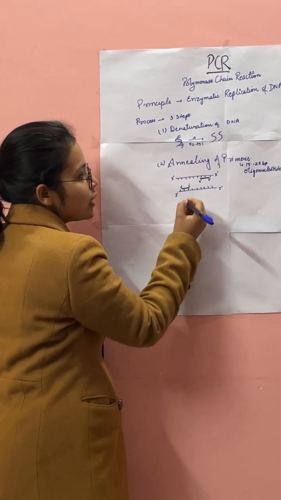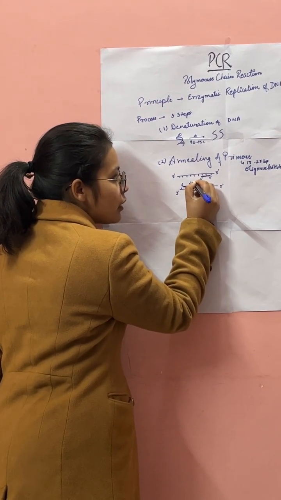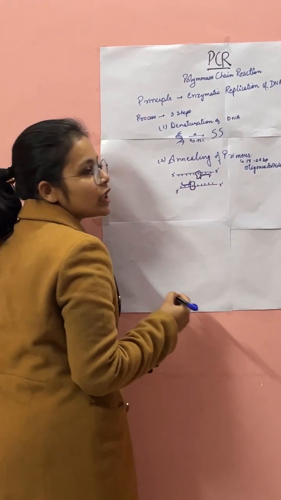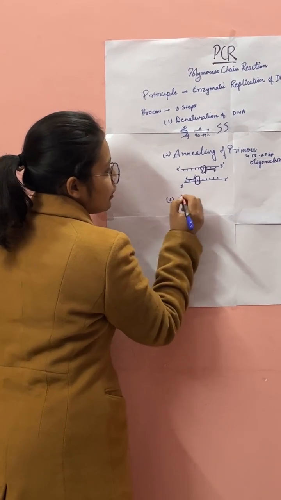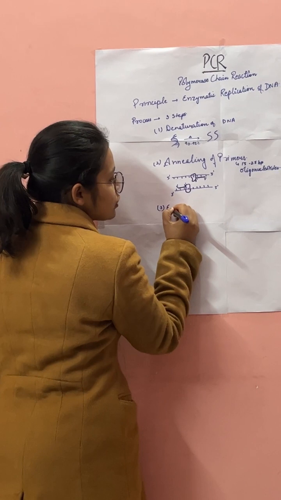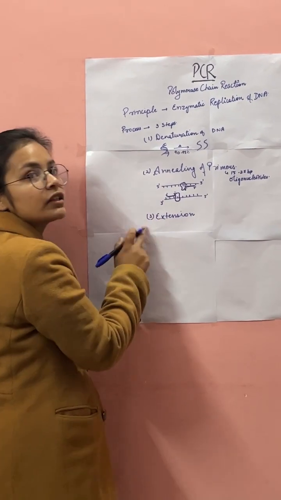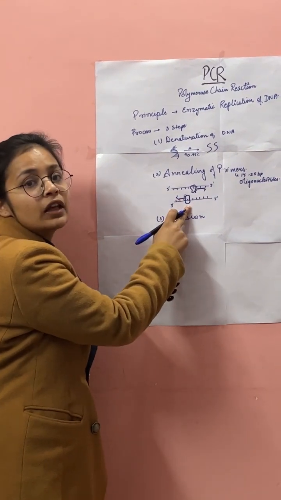Now what happens? There comes an enzyme called DNA polymerase, which leads us to step 3. That is called extension. Now before we study the third step, that is extension, we need to understand the work of this DNA polymerase.